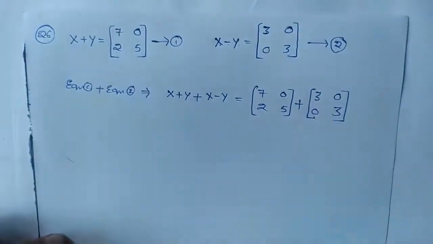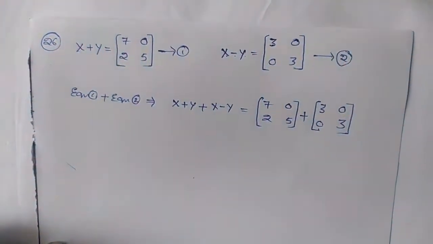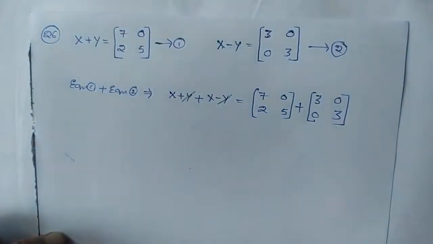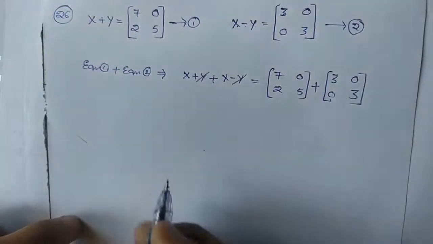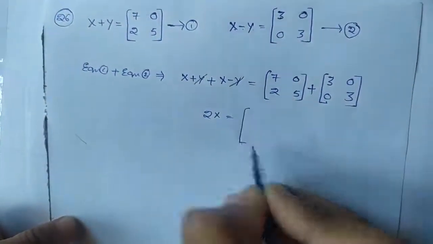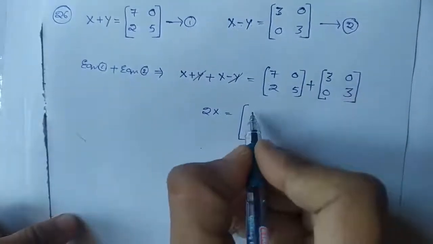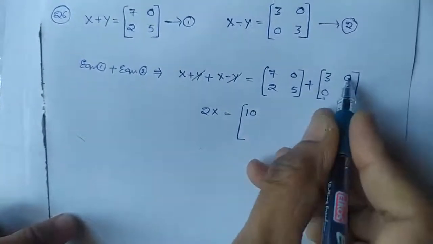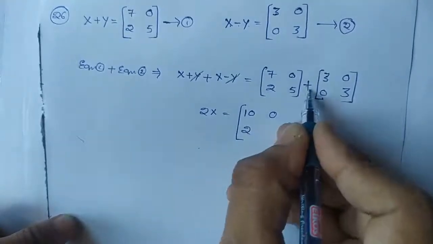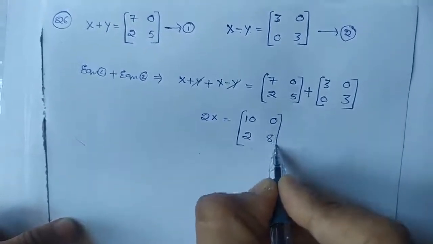So plus y minus y will cancel. Now x plus x is 2x, equals the matrix: 7 plus 3 is 10, 0 plus 0 is 0, 2 plus 0 is 2, 5 plus 3 is 8.